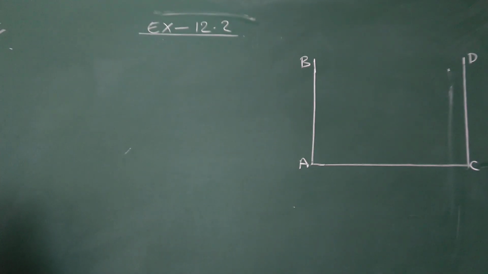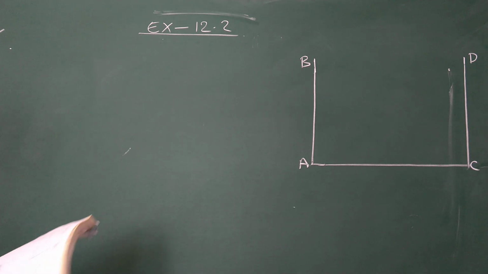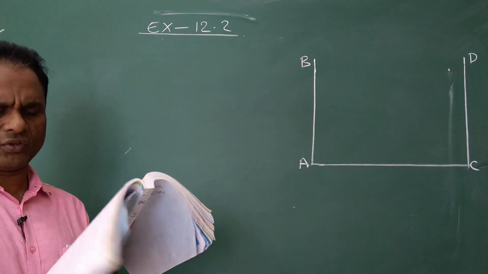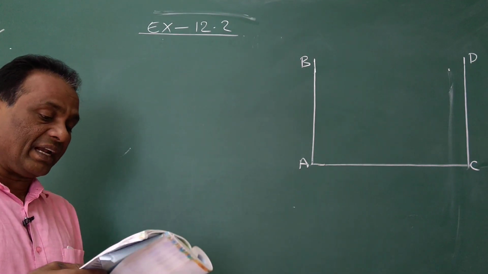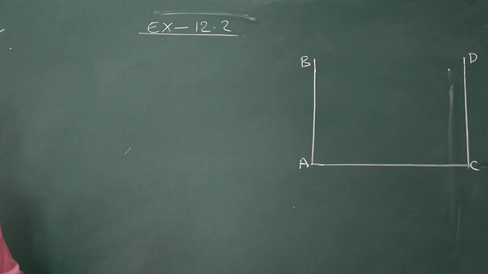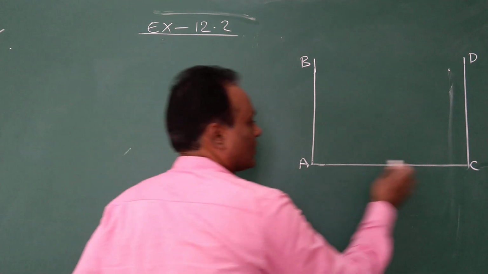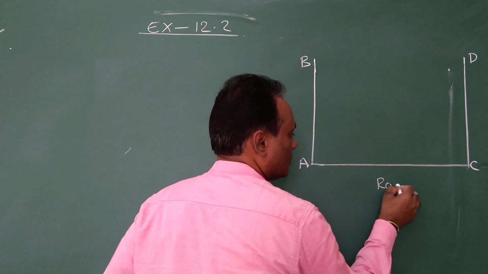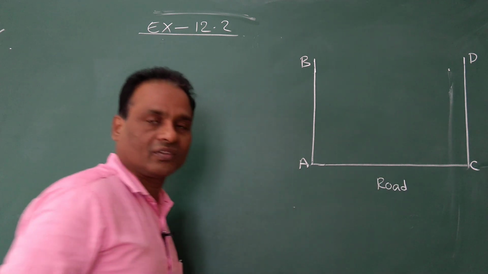See the textbook. So two poles of equal height are standing opposite to each other on either side of the road. This is the road. A to C is the road. Don't write like this.